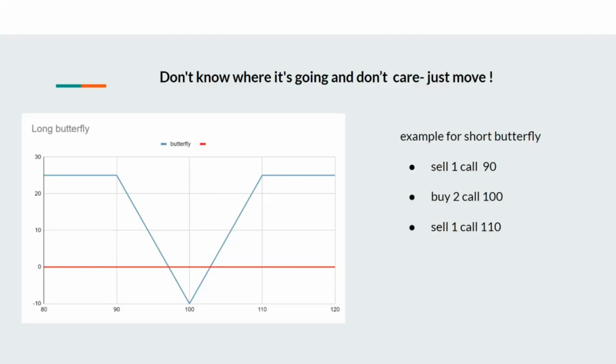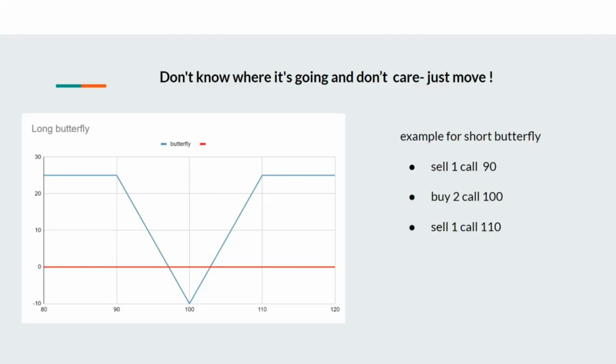For this example, we don't know, again, where the market might go, but we just hope it won't stay at its current position. The underlying is at 100. And we're going to sell one call 90. We're going to buy two calls 100. And we're going to sell one call of a 110 call option.